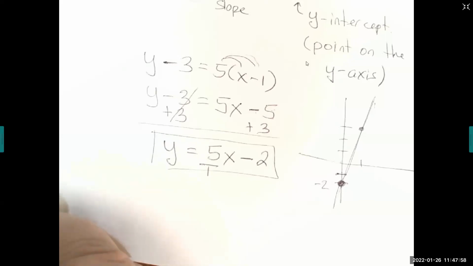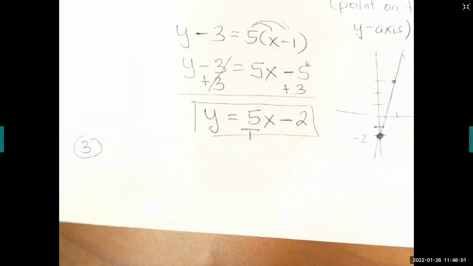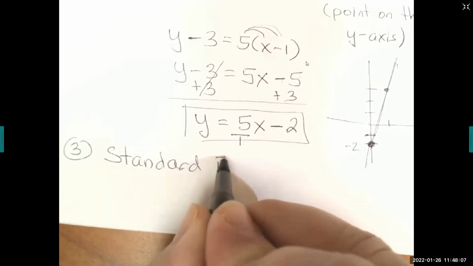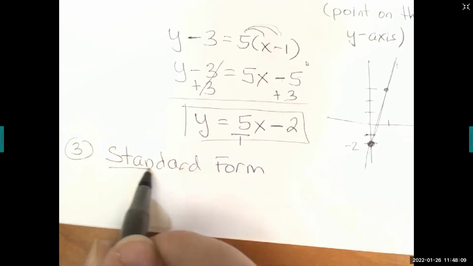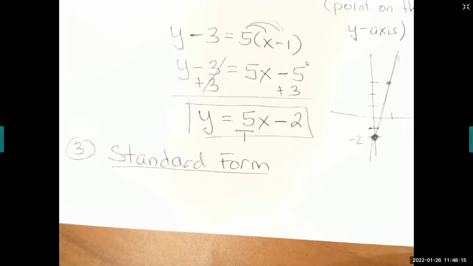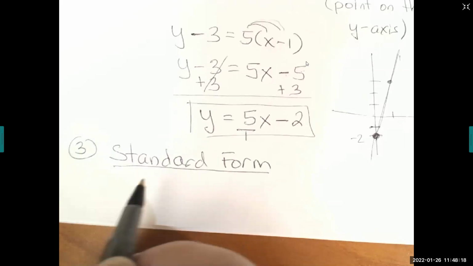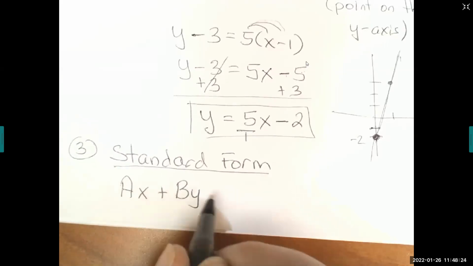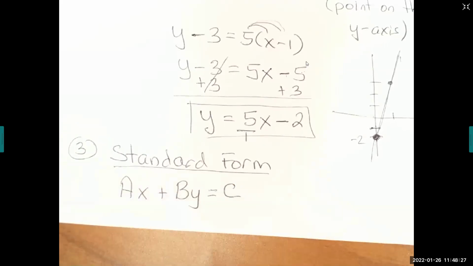The third form is called the standard form. The standard form looks like this: Ax plus By equals C. So all it really tells you is the standard form is x and y have to be on the same side.